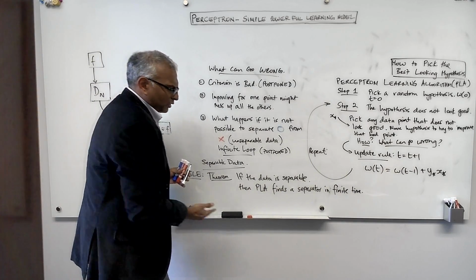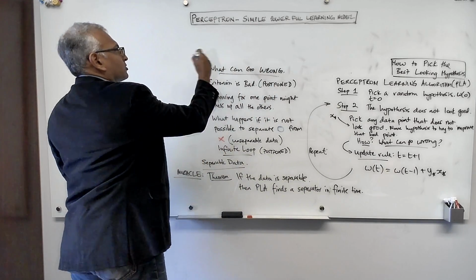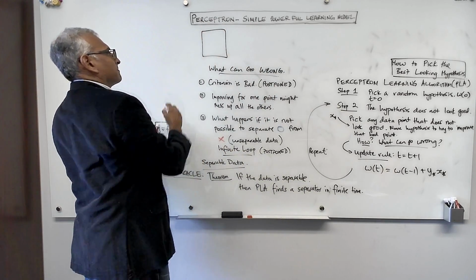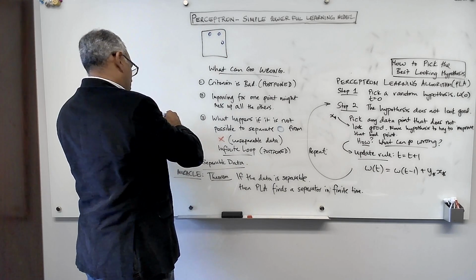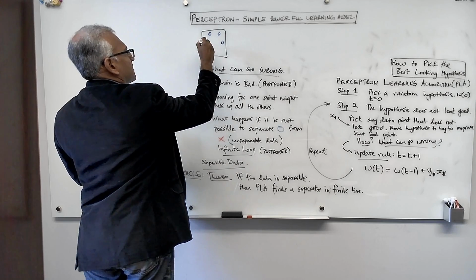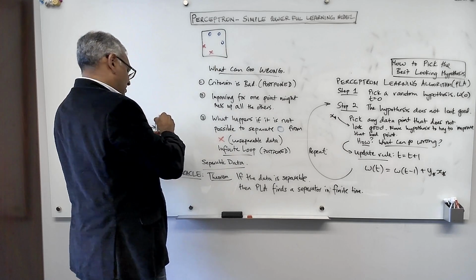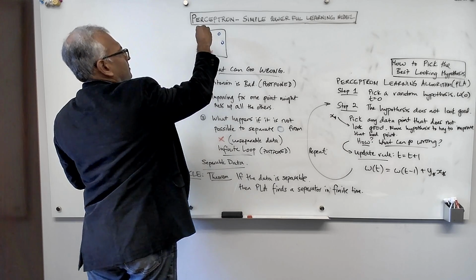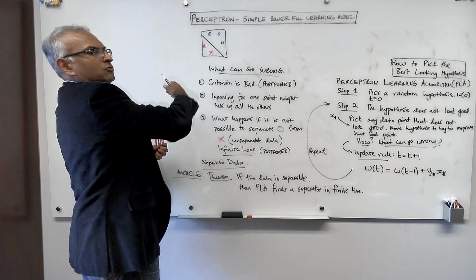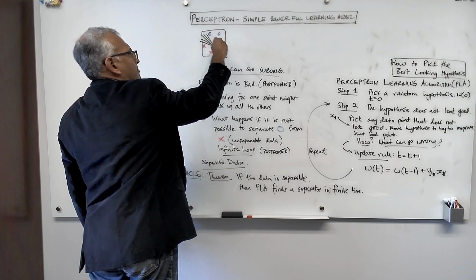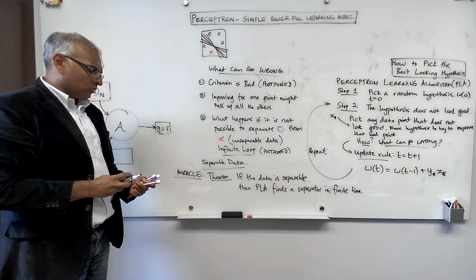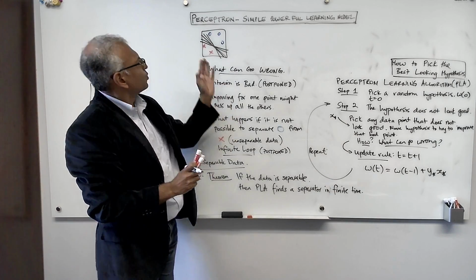First of all, why do I say finds a separator? Because let's look at separable data. You've got blue circles and you've got red x's, and you can find a line that separates blue from red, but if you can find one, you can find many. And so all we can expect of the algorithm is to find one of them.